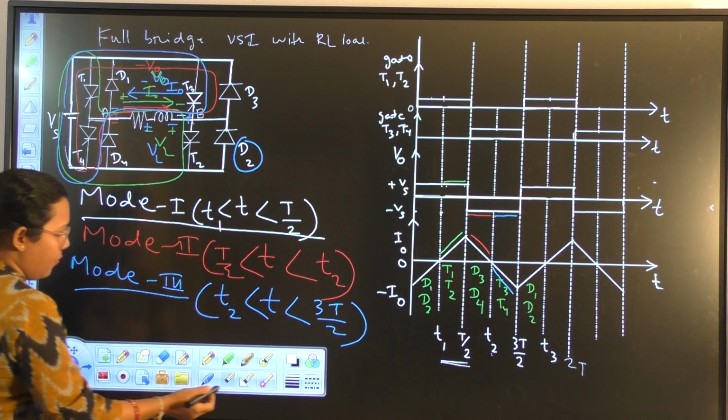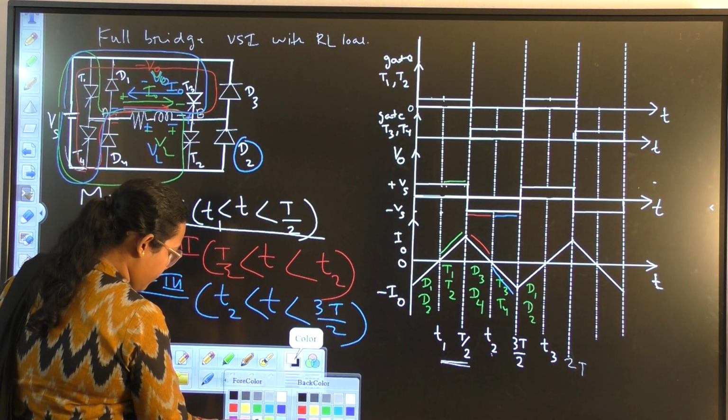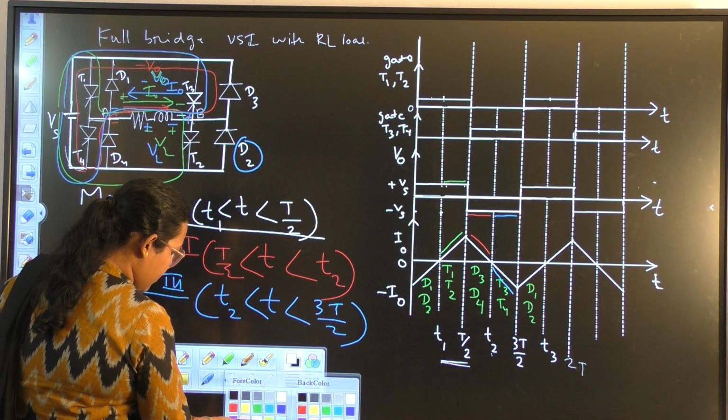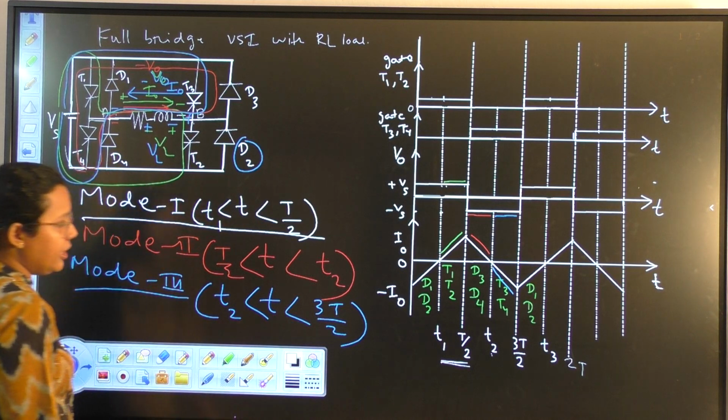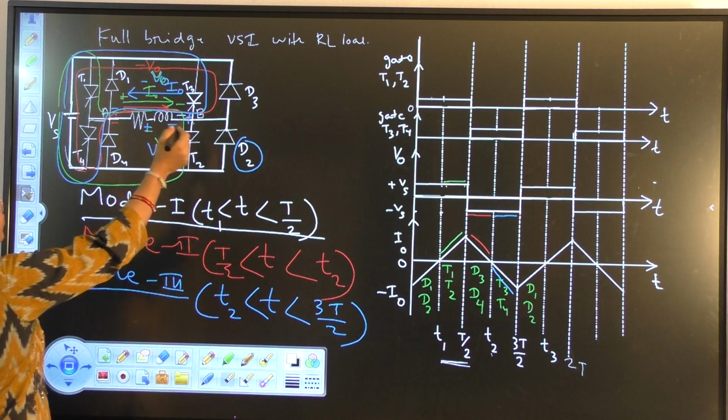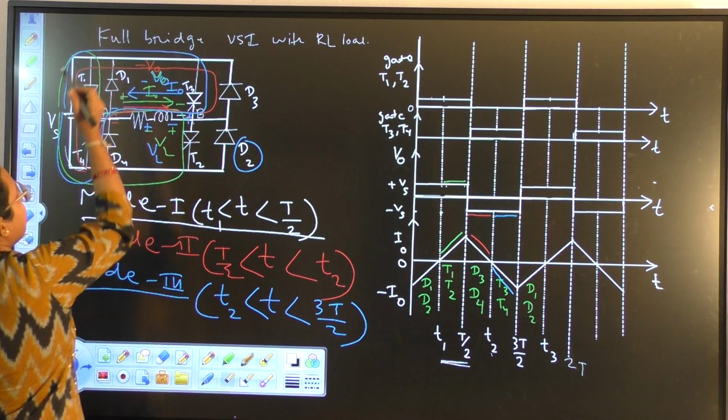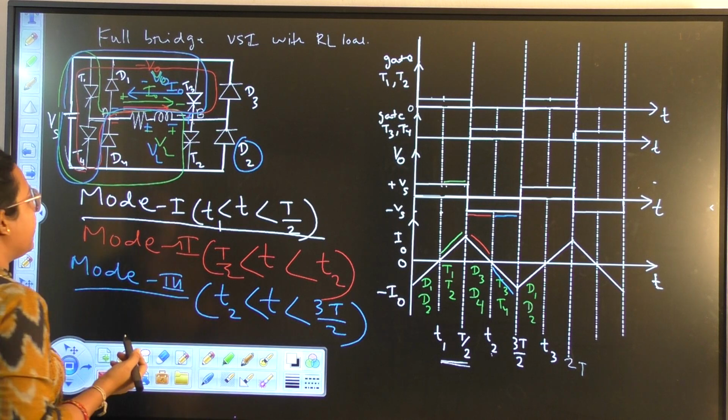So in mode 4, D2 and D1 are now conducting.